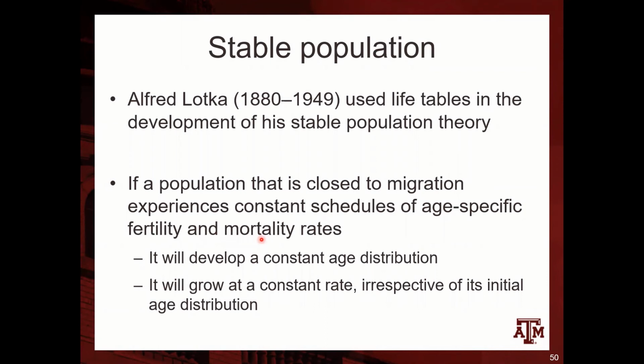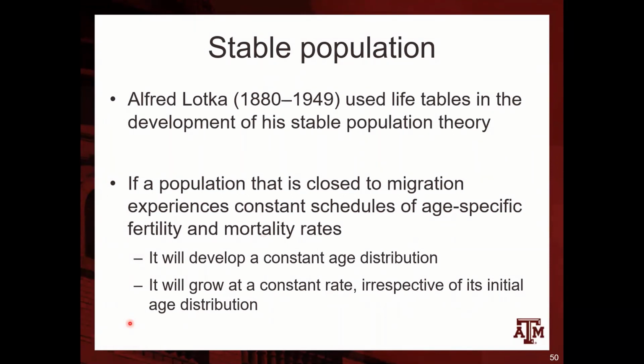So if a population is not changing mortality and fertility that much, we can expect that after some decades, if they continue with those levels of fertility and mortality, the age distribution will reach a specific shape. That population will grow at a constant rate irrespective of its initial age distribution.